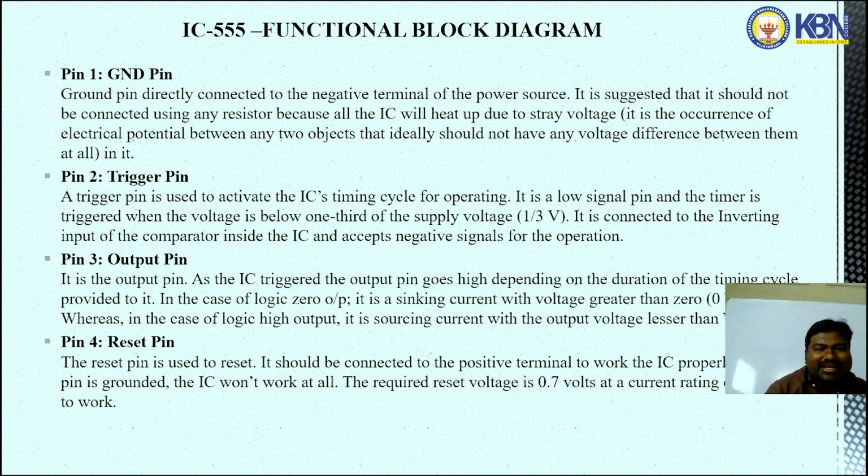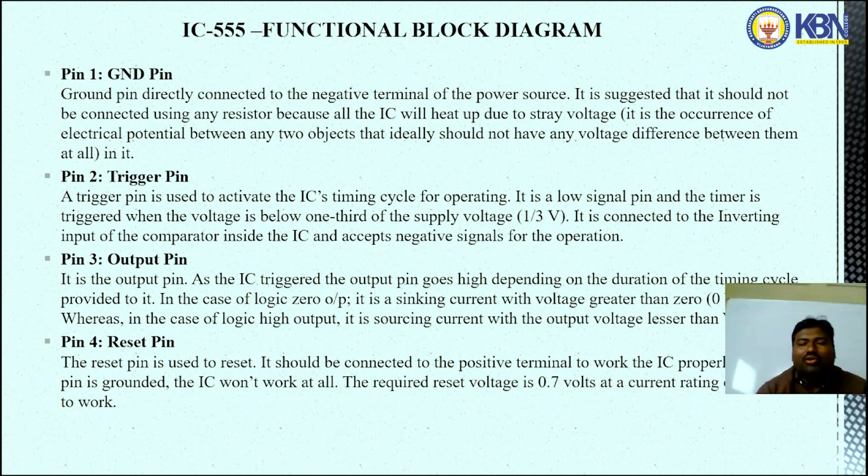As the IC is triggered, the output pin goes high depending upon the duration of the timing cycle provided to it. In the case of logic 0 output, it is sinking current, whereas in the case of logic high output, it is sourcing current.